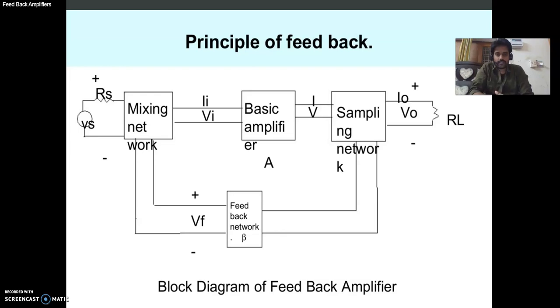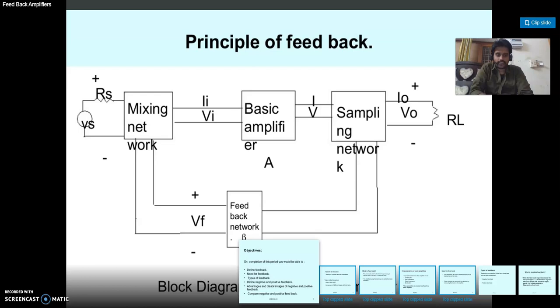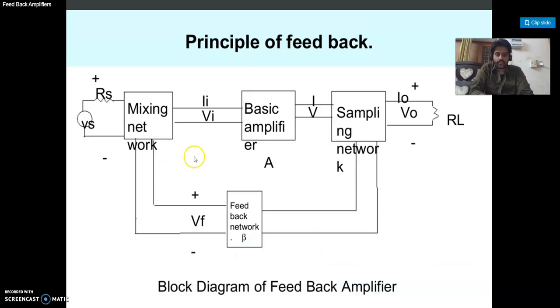Now I am going to explain the principle of feedback and types of feedback topologies, so that students just recollect the concept of principle of feedback once. In the last class I explained what are the components present in the feedback amplifier. The total setup consists of majorly four elements.